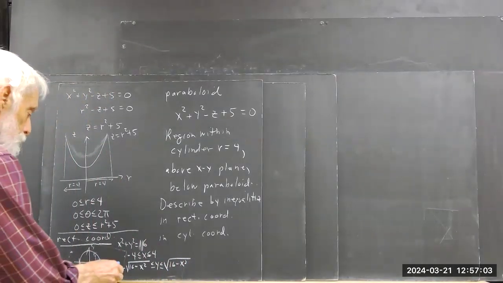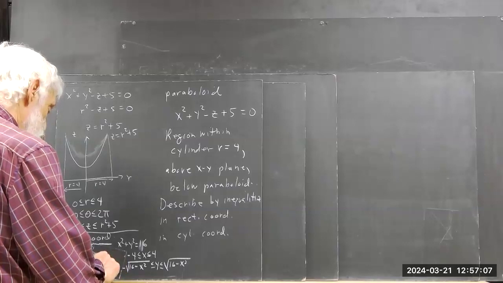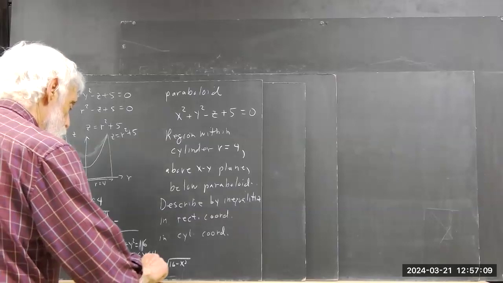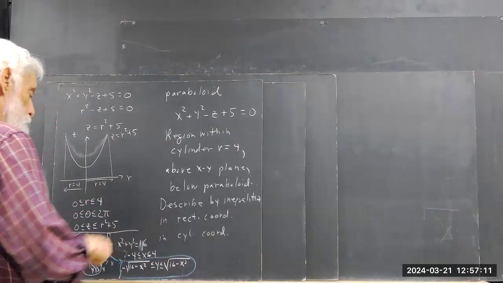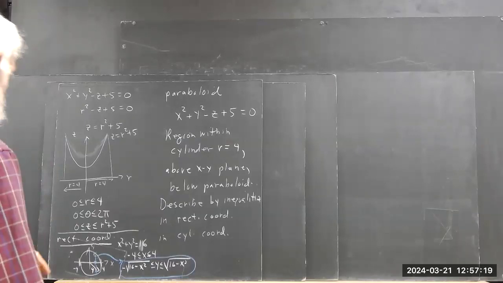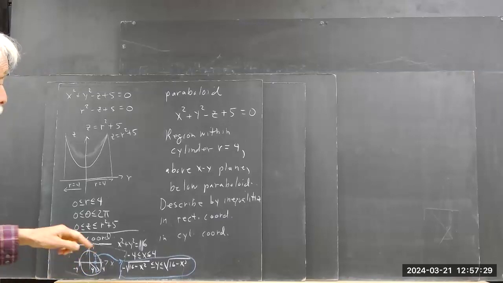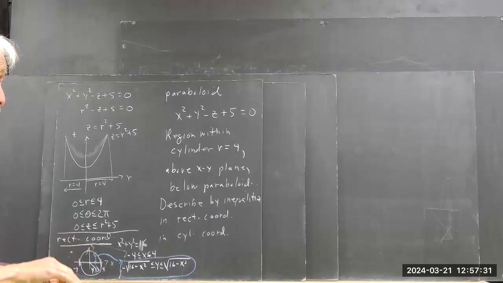That would be this region here. Is that clear? If x goes from -4 to 4, then for any given x, y goes as low as negative square root of 16 minus x squared, as high as the square root of 16 minus x squared.